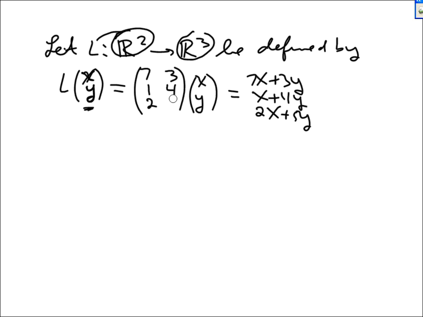And it had nothing to do with what those numbers were. It had to do with the fact that there were 3 rows and 2 columns. Whatever these numbers were, when I dot the first row with the column, I will get an entry in the first row.